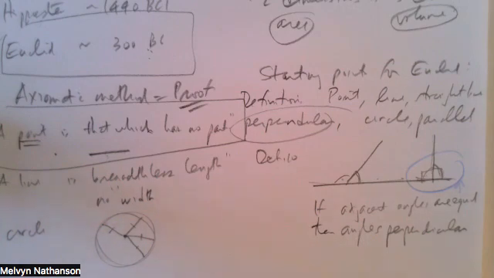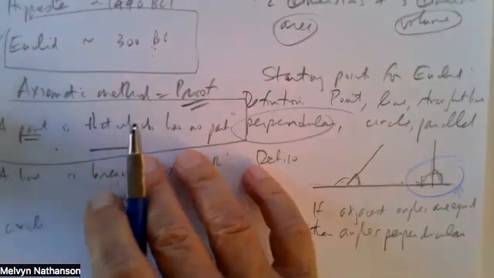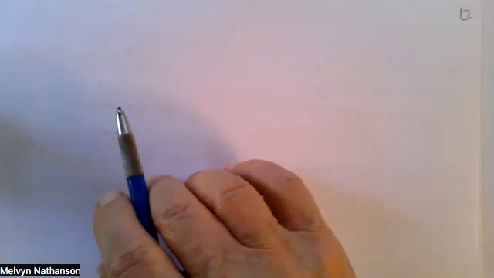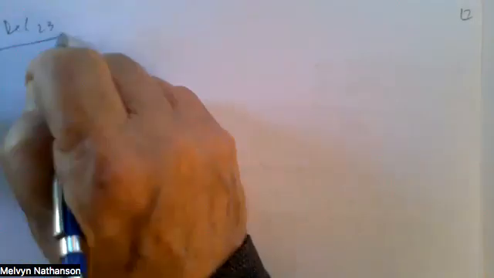In the history of mathematics, one of the most important definitions is the definition of a pair of lines that are parallel. That is the definition of parallel lines. So, definition 23.